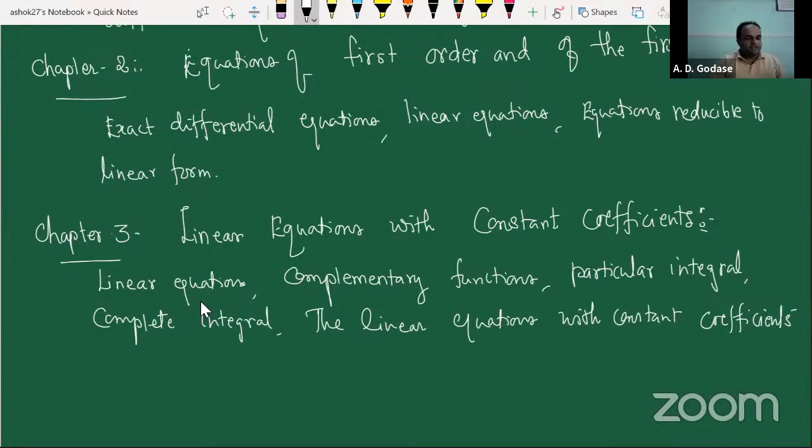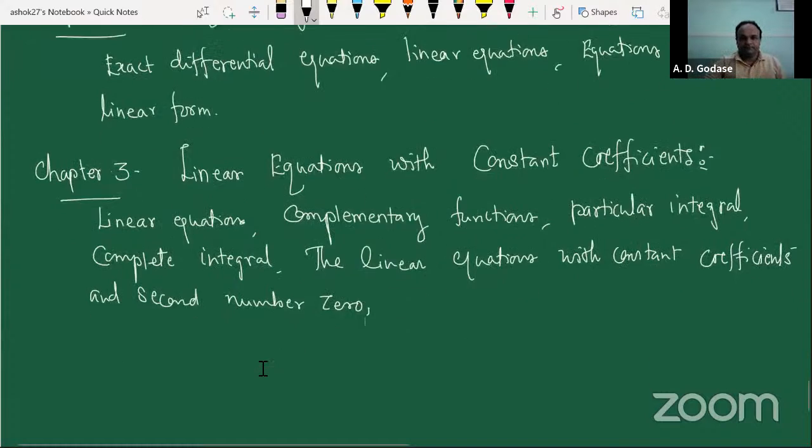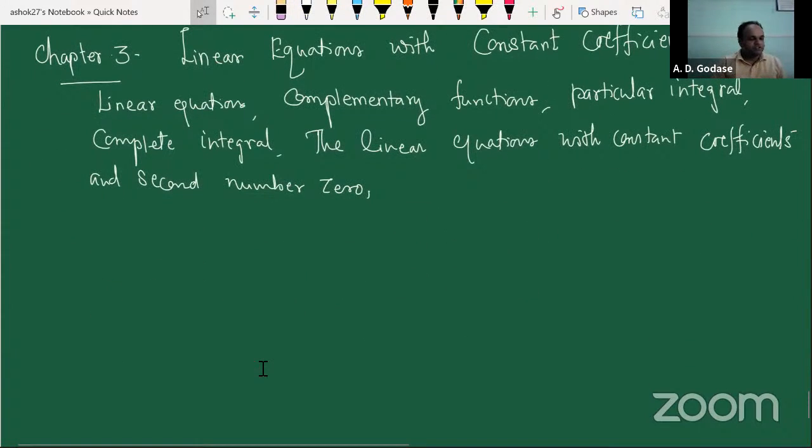Second number 0. Next we'll see auxiliary equations having equal roots.